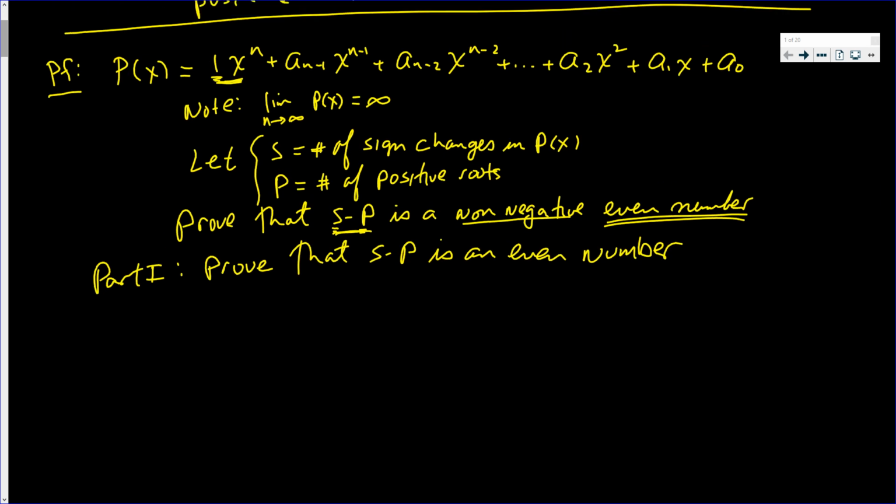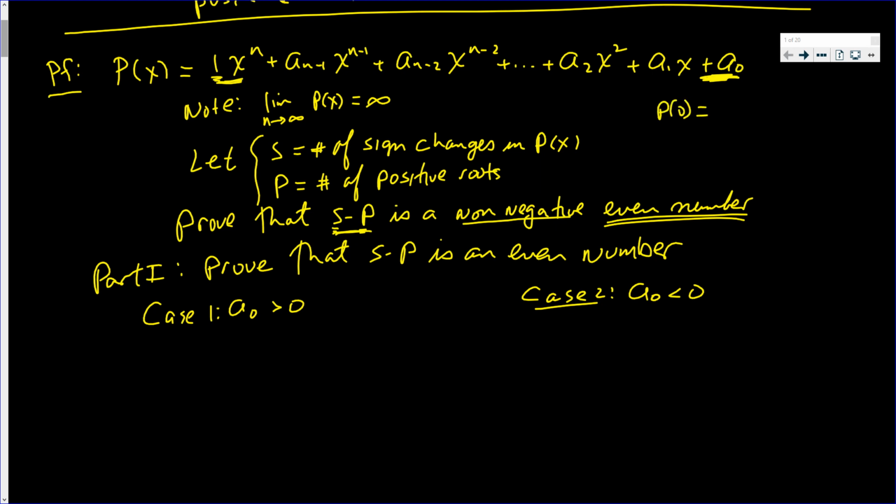Now, we're going to do this proof in two cases. Case 1: suppose the constant a sub 0 is greater than 0, and case number 2 will be when a sub 0 is negative.